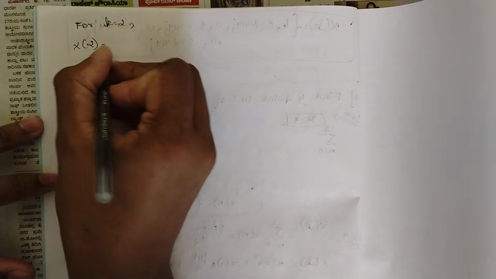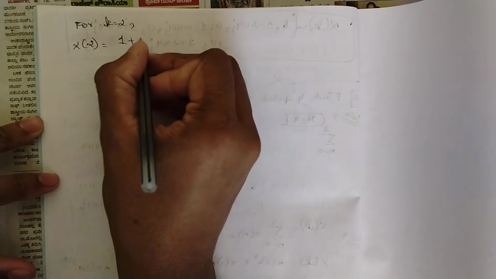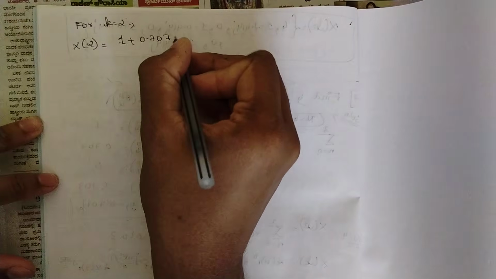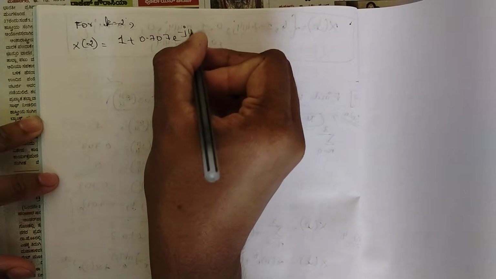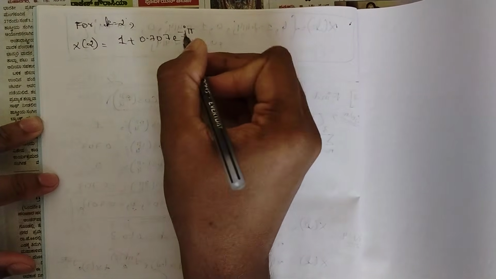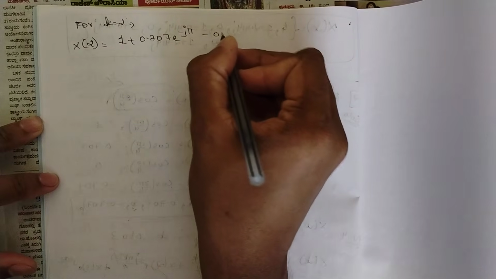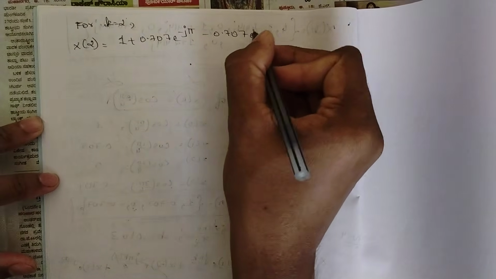Similarly for k is equal to 2, that is x of 2 is equal to 1 plus 0.707 e power minus j pi into 2 divided by 2, so e power minus j pi, minus 0.707 e power minus j 3 pi after simplification.